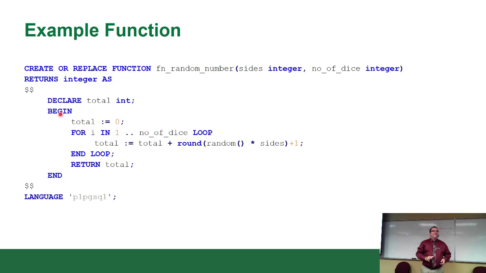I don't know the Java syntax, so I'd probably write it wrong. But so far, everything I've described is only up to here, except for the declare. Because with Java and PHP and C, you declare the variables inside the function. With this, you actually declare it outside the body of the function. So the next one would be if you did.